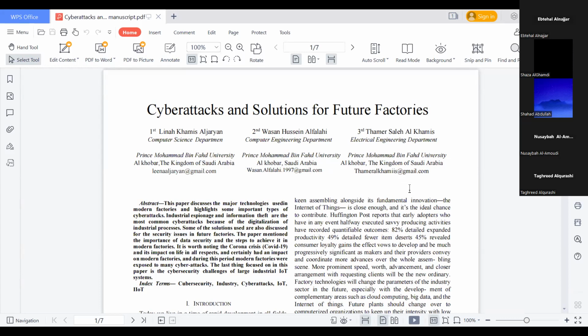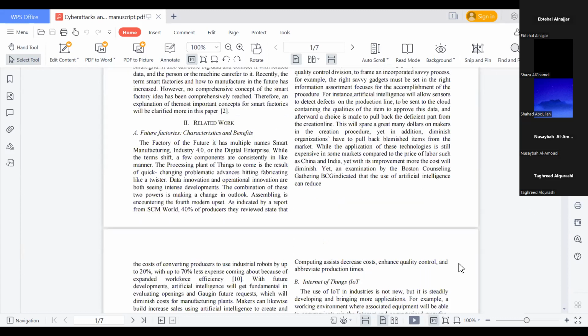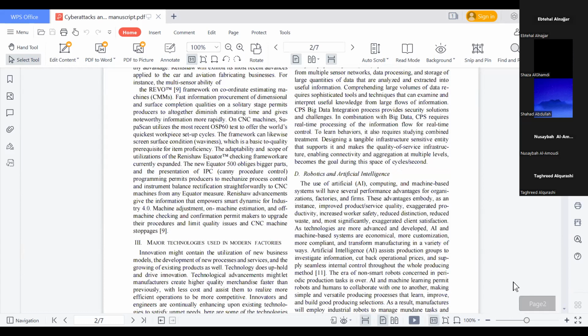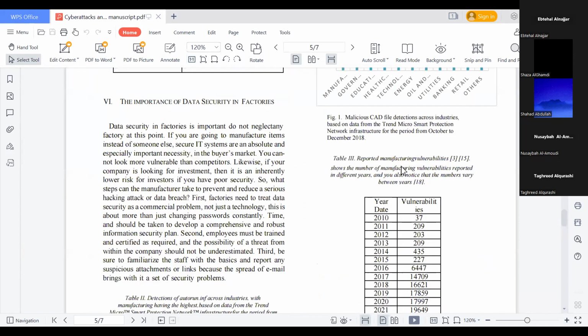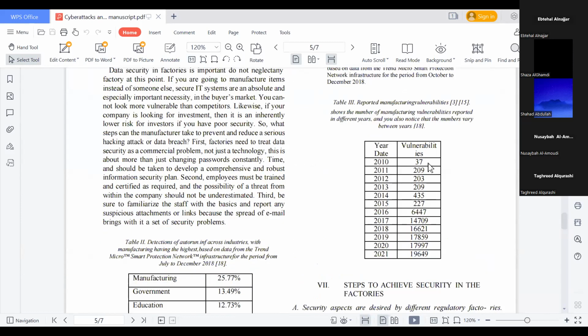What I want to show you here is this table about the vulnerabilities over the years. The number of vulnerabilities was increasing from 37 in 2010 until it became 19,694 in 2021, which is a huge number.